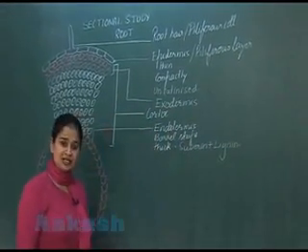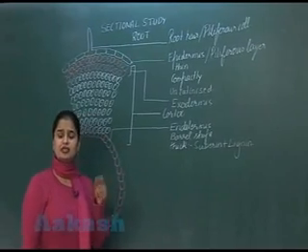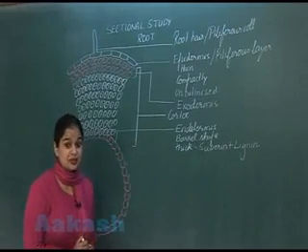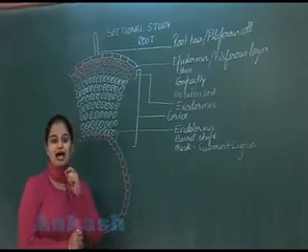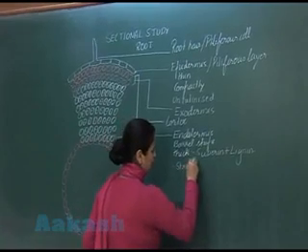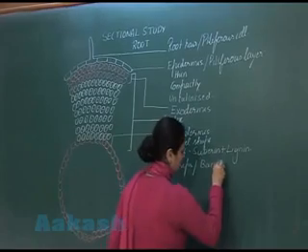Now this thickening present in these cells is present in the form of strips. Yes, this thickening is present in the form of bands. Thickening present in the form of strips, present in the form of bands.